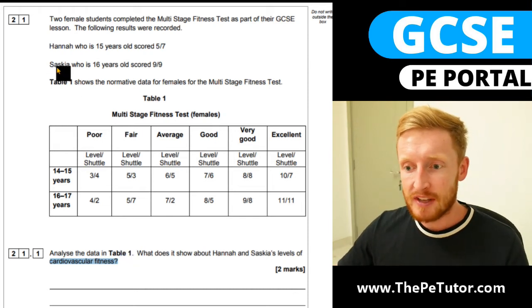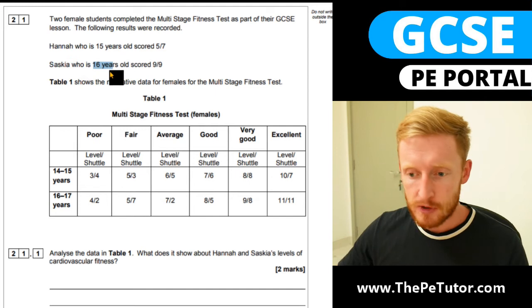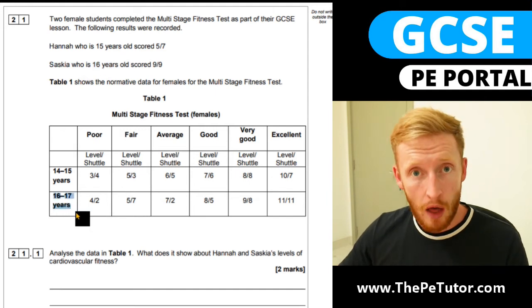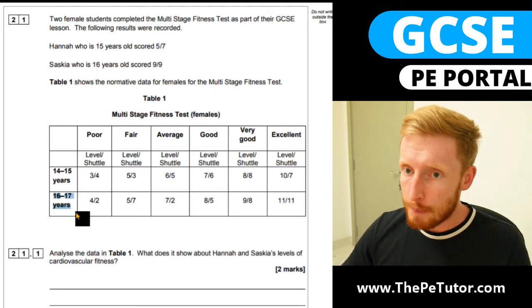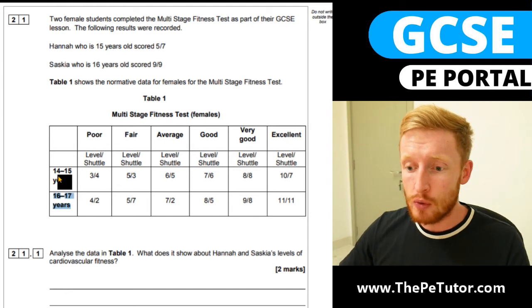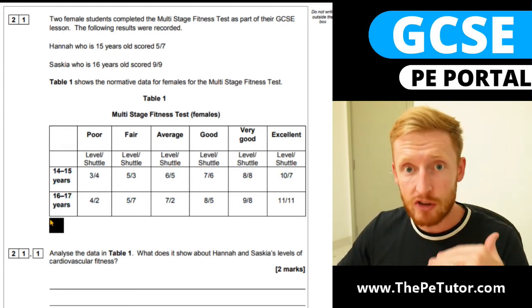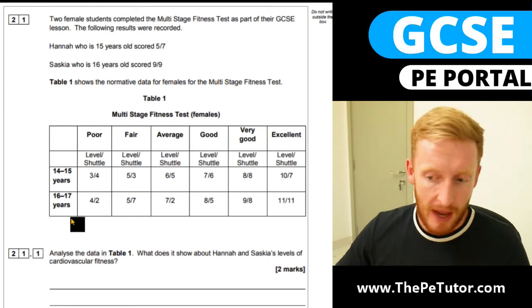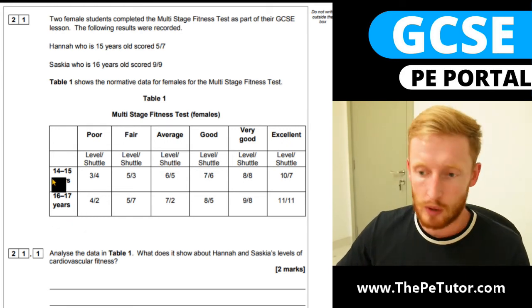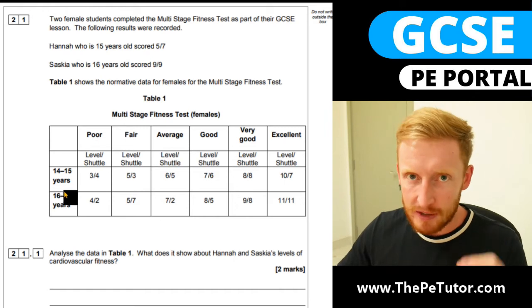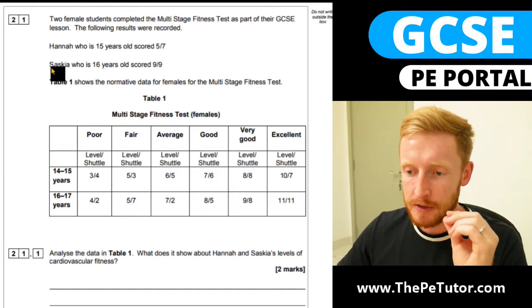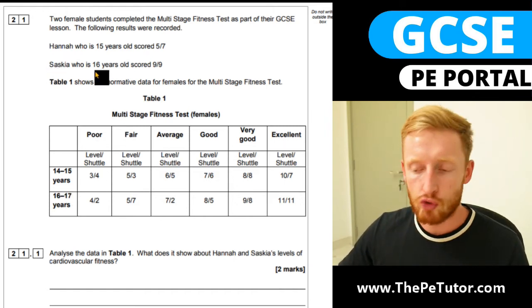Second, we have Saskia. Saskia is 16, so suddenly we're using the other part of the table. It might be that in your exam they give you a data table with a bit of a red herring, perhaps an extra couple of rows with 18 plus, or 12 to 14 years, whatever it might be. So be clear and accurate with where you're drawing this data from.